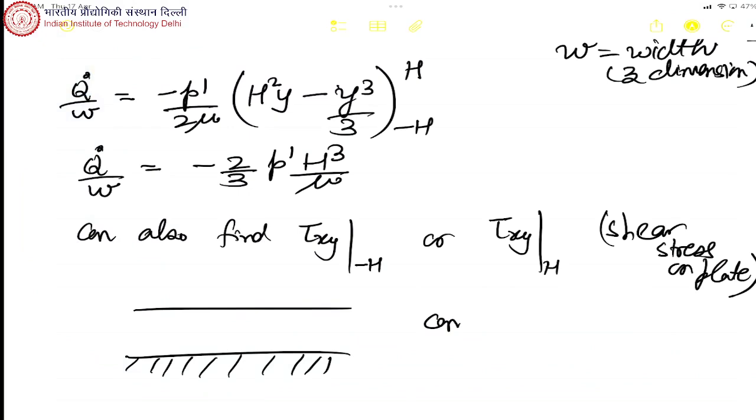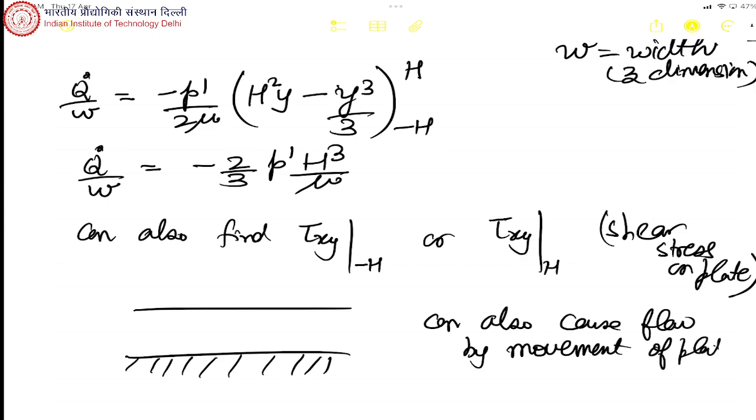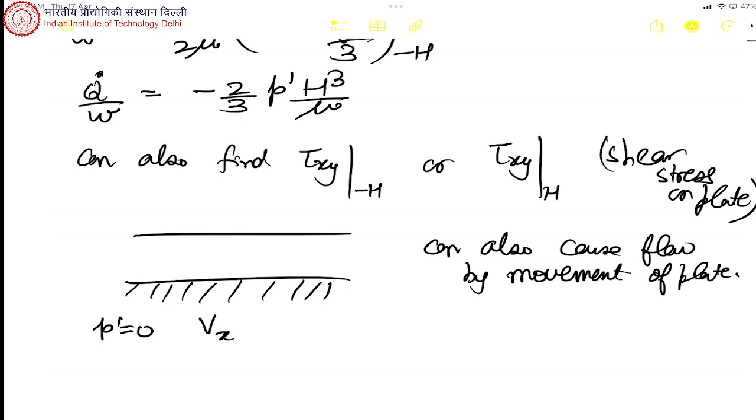So we can also cause this flow by movement of the plate. So if P prime is 0 and velocity Vx at y is equal to 2h is V0, this will cause the flow.